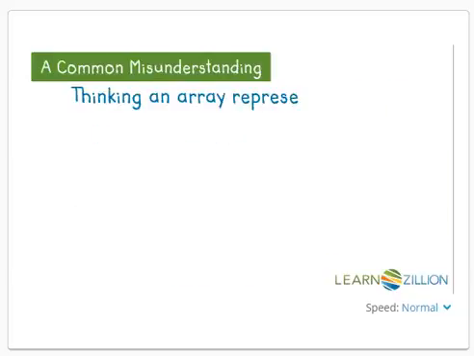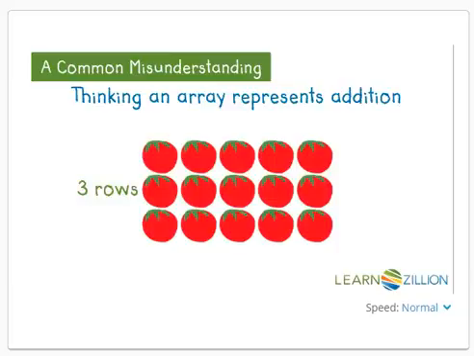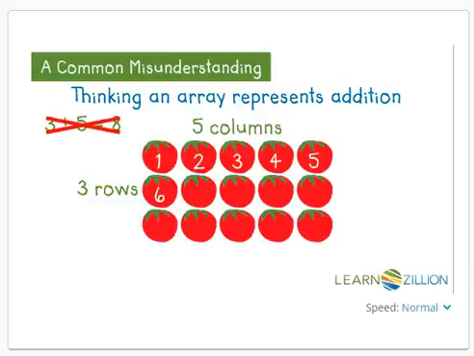Some students think an array represents addition. This array has 3 groups of tomatoes with 5 tomatoes in each group, 3 rows and 5 columns. 3 plus 5 equals 8, but an array does not mean to add the rows and columns. There are a lot more than 8 tomatoes in this array.